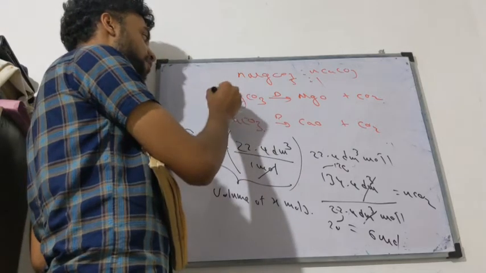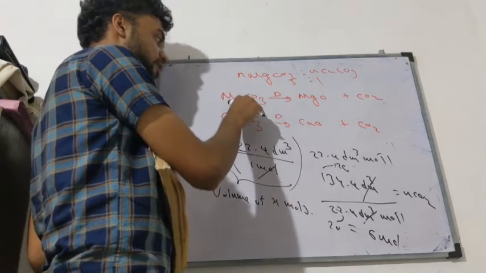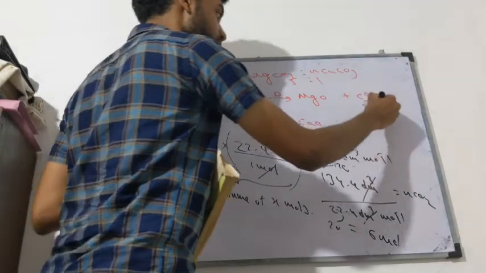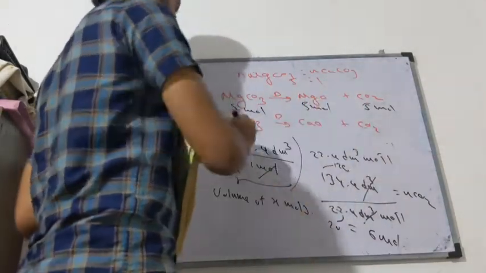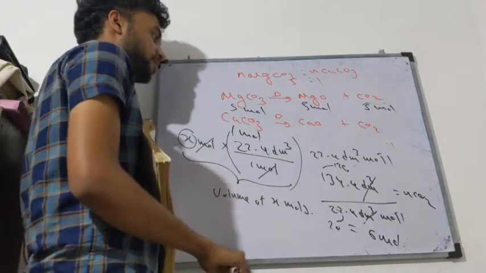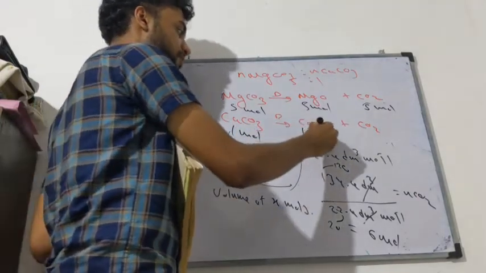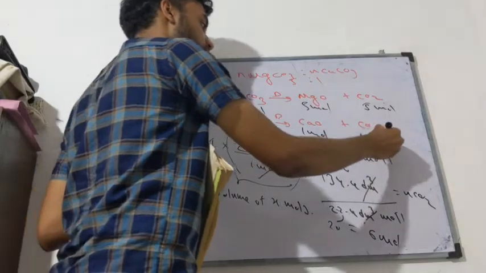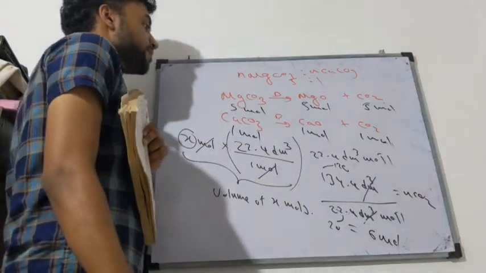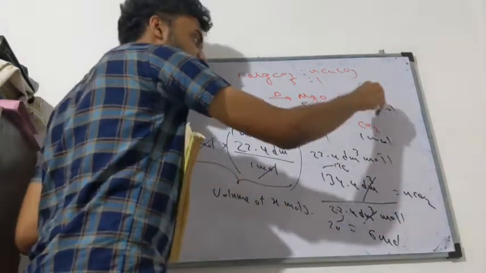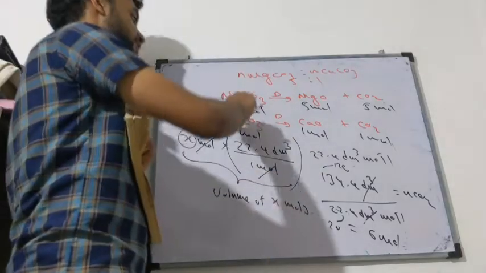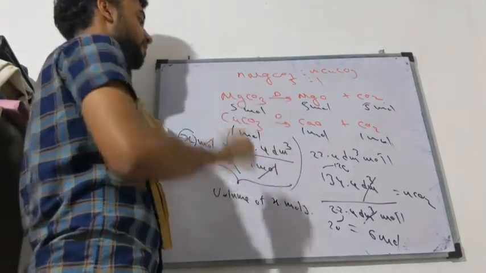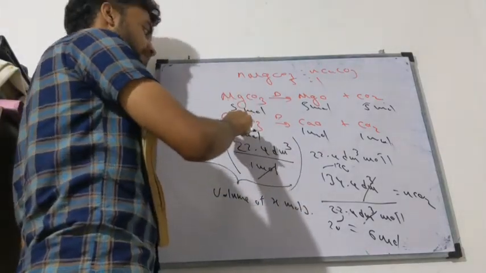That means if I have 5 moles of magnesium carbonate, I'm going to get 5 moles of CO2 and 5 moles of magnesium oxide. If I have 1 mole of calcium carbonate, I'm going to get 1 mole of calcium oxide and 1 mole of CO2. My assumption is correct. Why? Total moles of carbon dioxide means 5 moles plus 1 mole, that's 6 moles. Therefore, we have taken 5 moles of magnesium carbonate and 1 mole of calcium carbonate.